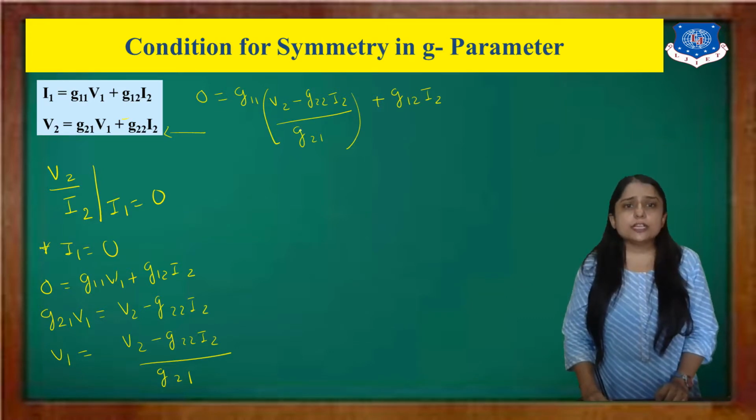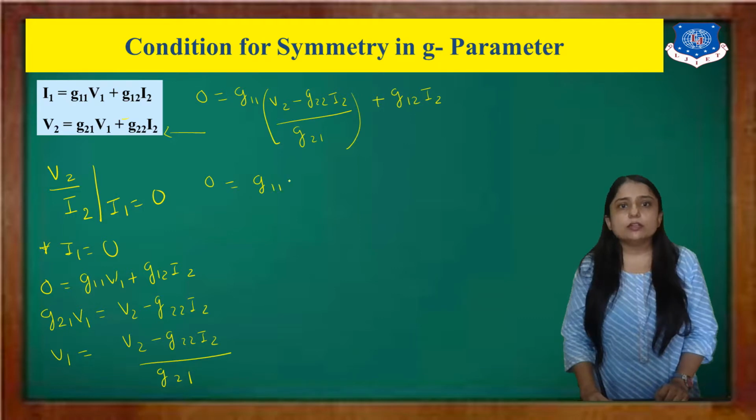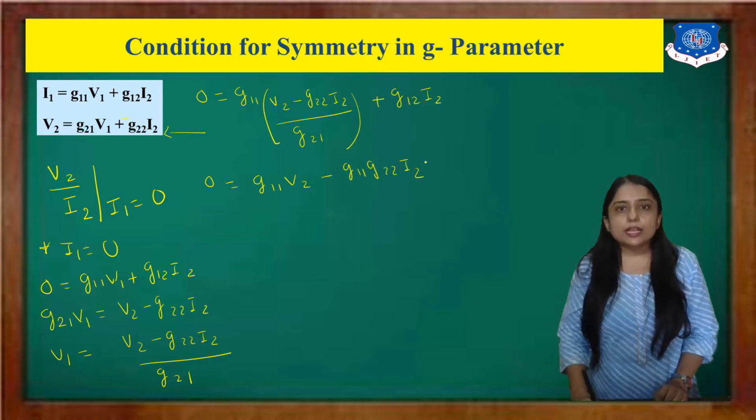So here you just take the LCM. So 0 equals G11 V2 minus G11 G22 I2, and here I have G12 G21 into I2.